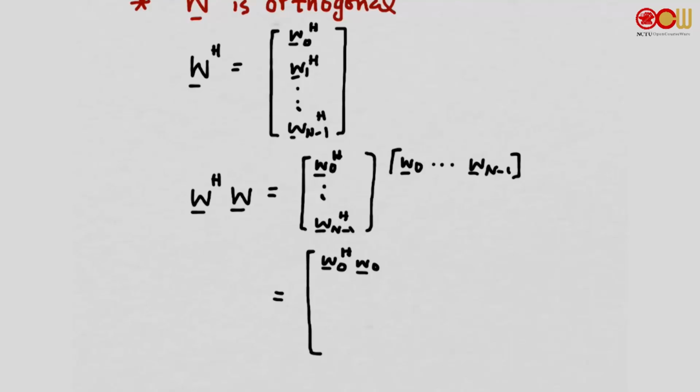For the second element, it will be W_1 Hermitian W_0. So this is a scalar. And then this is W_(N-1) Hermitian, a row vector, and a column vector. This is again a scalar. And continue on like this. We get W_0 Hermitian, a row vector, and W_(N-1).